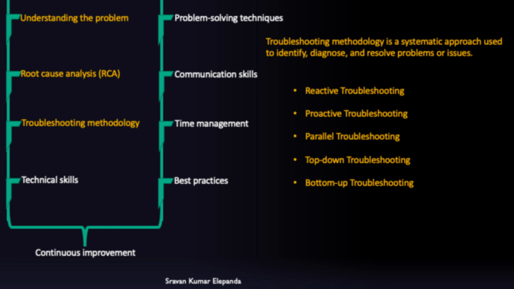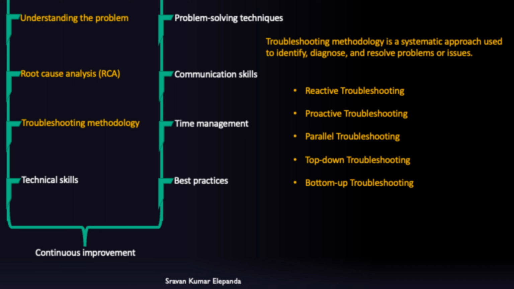What that means is an issue has been reported, but it cannot be resolved immediately, or does not need to be attended to immediately. Those kinds of issues you do with parallel troubleshooting. Then top-down troubleshooting, again my bad, as I mentioned, is used where the cause is not immediately apparent.